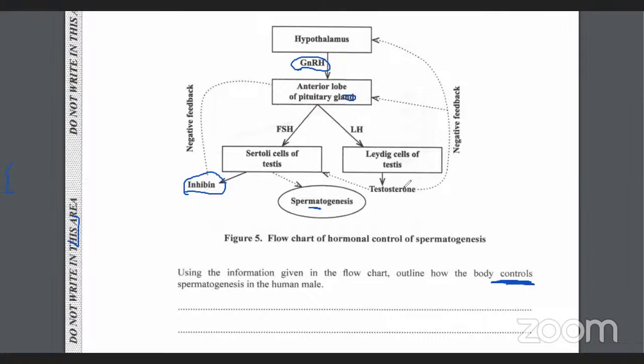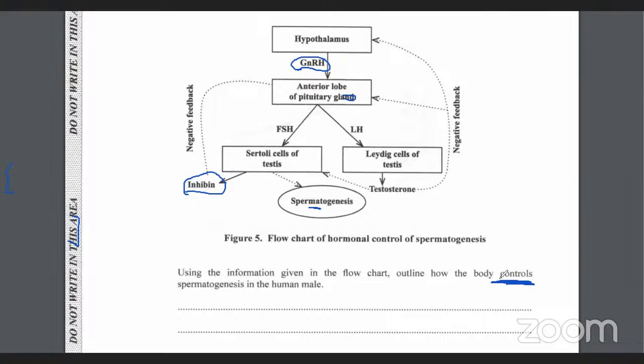Along with inhibin, testosterone will trigger the hypothalamus not to produce any gonadotropin hormone. If this hormone is not secreted, pituitary is not stimulated to produce FSH and LH.